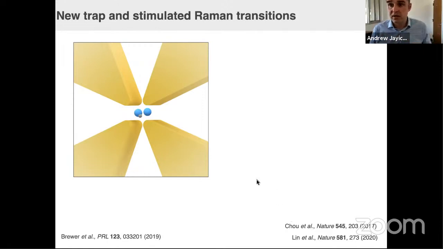For the EDM measurement, we want to use this technique that Amar came up with. We'll populate our science state and then drive it with an electric field, and drive the transition between these states with a magnetic field that is phase controlled relative to that electric field.